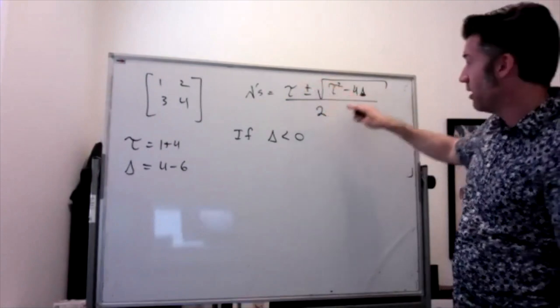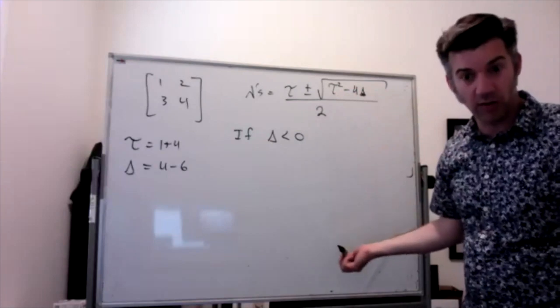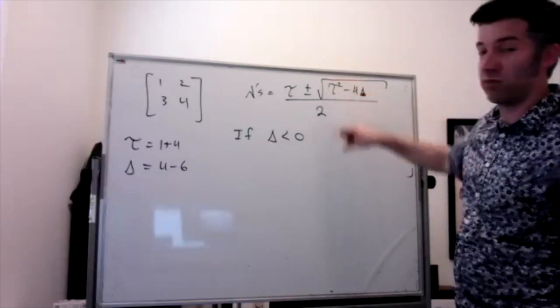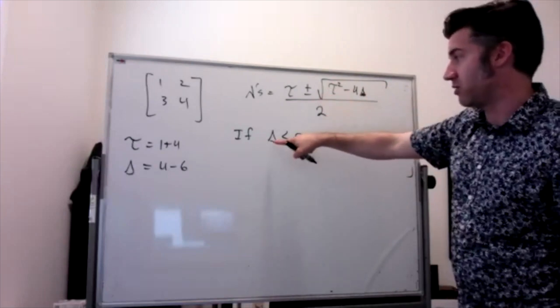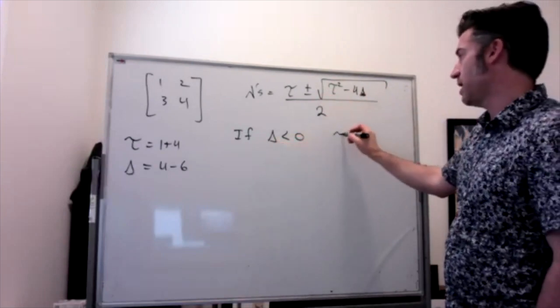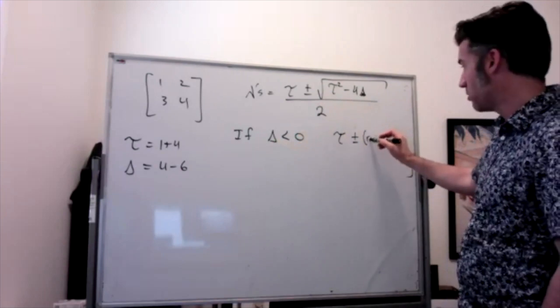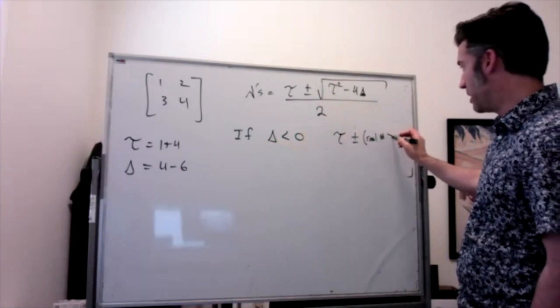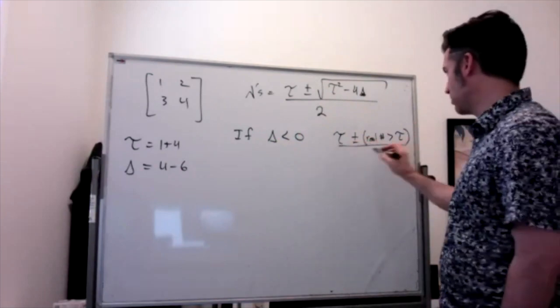And this number is going to be bigger than tau squared, so the square root of this will be bigger than tau. So if your determinant is negative, you have tau plus or minus a real number that's bigger than tau, the trace, divided by 2.